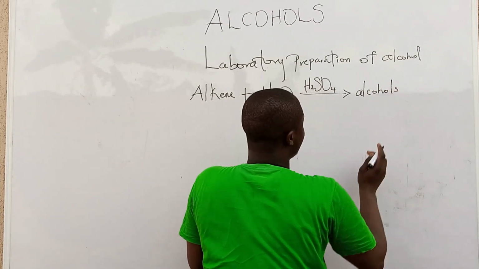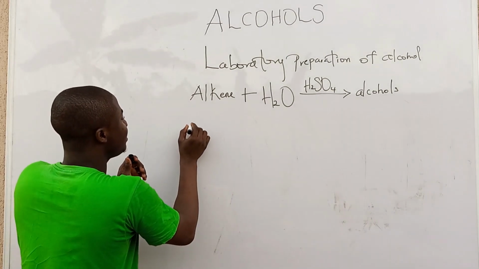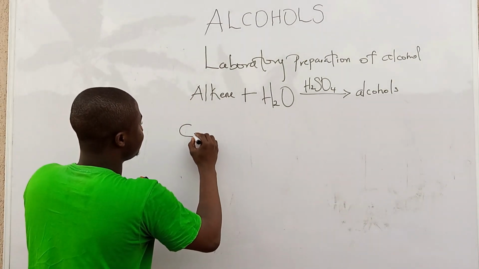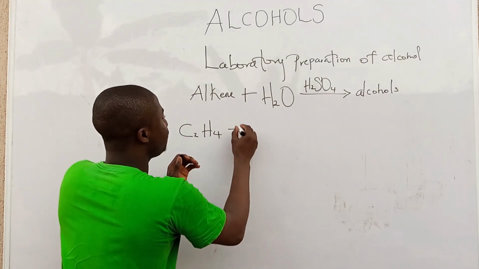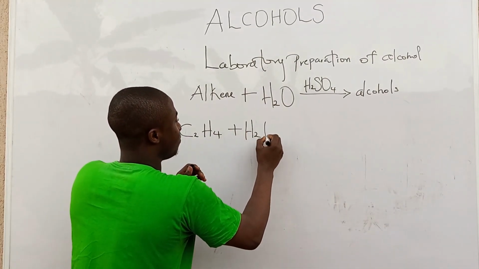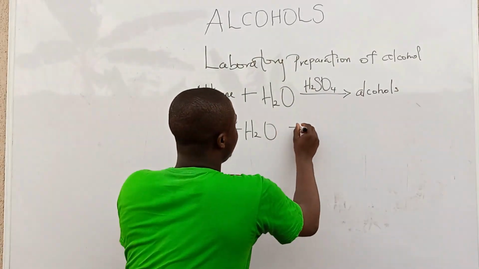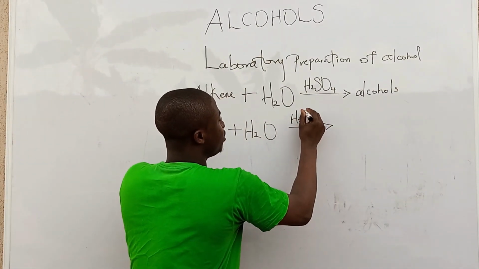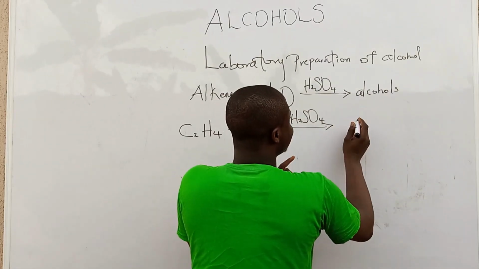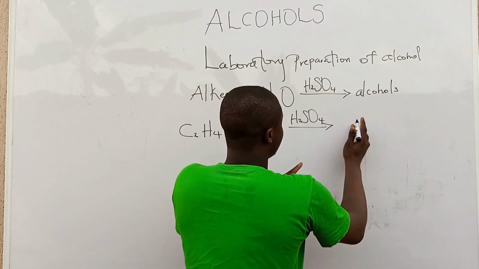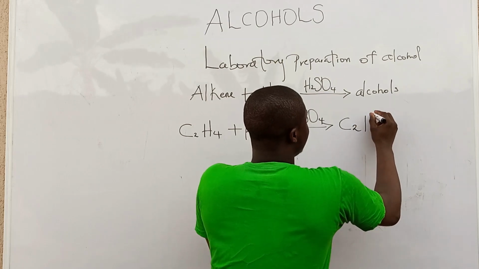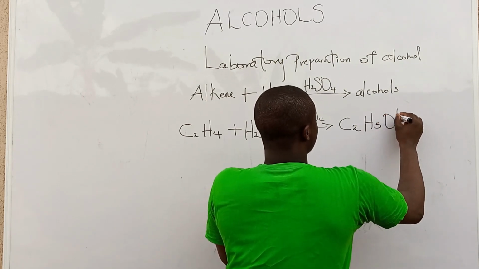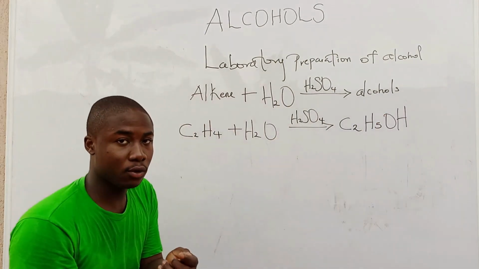Using ethene, C2H4, reacting with water, H2O, in the presence of H2SO4, we get ethanol, which has the formula C2H5OH.